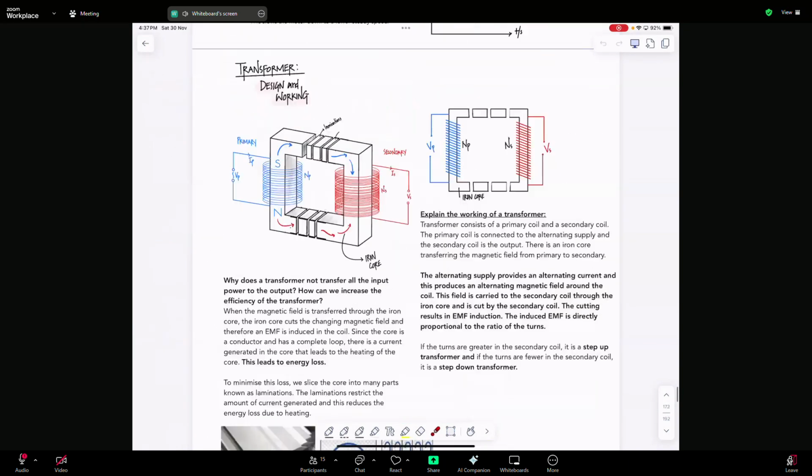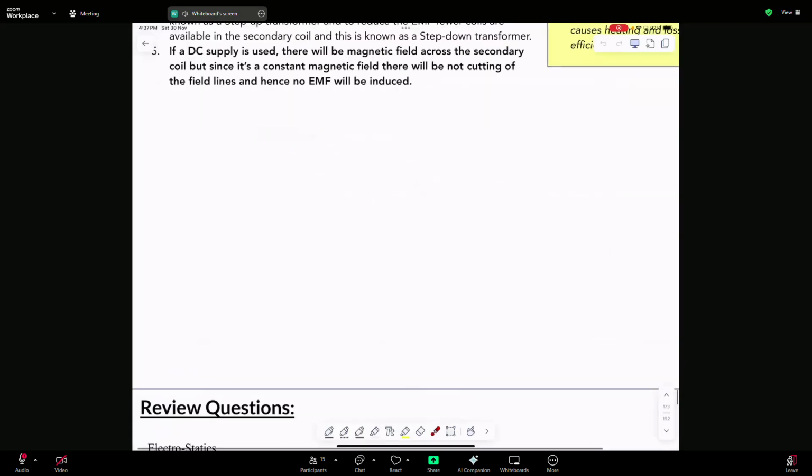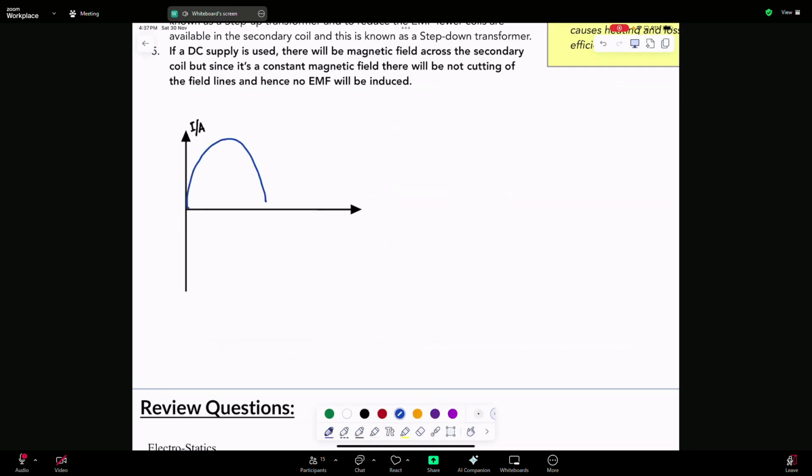But I want you to try something. I'll show you what the primary coil of a transformer looks like, and you need to tell me what the secondary coil output is supposed to look like. In the primary coil we have current produced, and the current is alternating, so it produces a shape that looks like this.